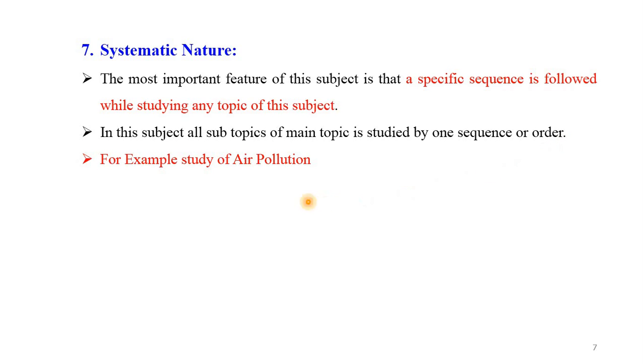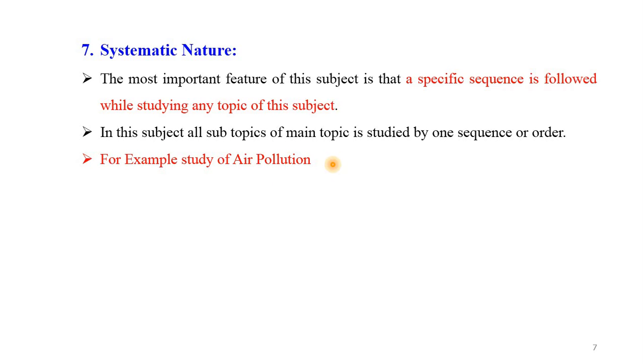For example, suppose we want to study air pollution. Air pollution is a very important subtopic of environmental geography. If we want to get comprehensive knowledge about it, by using a proper sequence we can get more and more information about this topic. For example, what is air pollution?